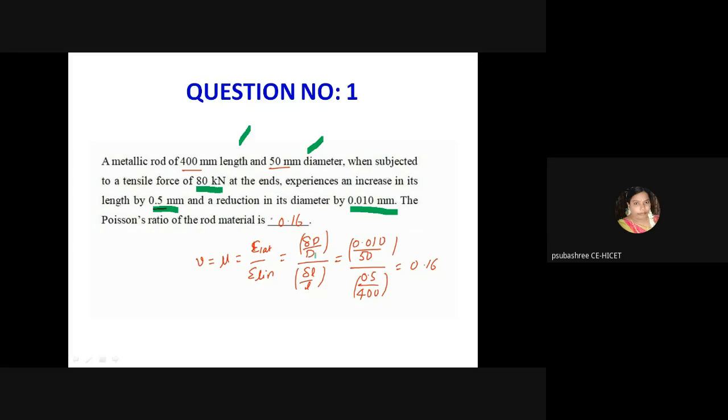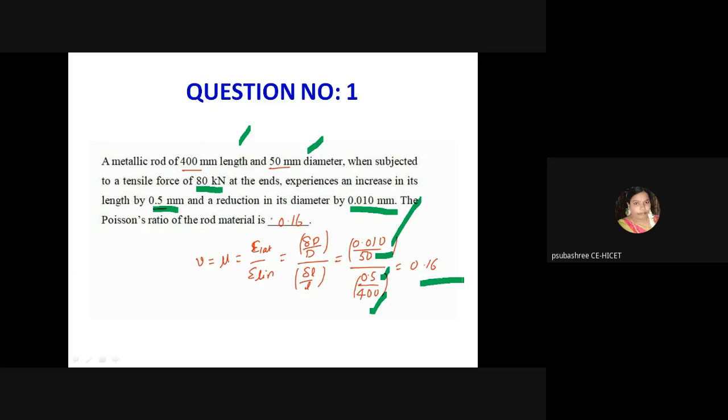Here change in diameter is equal to 0.010, original diameter is equal to 50, divided by change in length, which is 0.5, over the original length L, which is 400. Substituting the values, we get 0.16. So the Poisson's ratio of the rod material is 0.16.